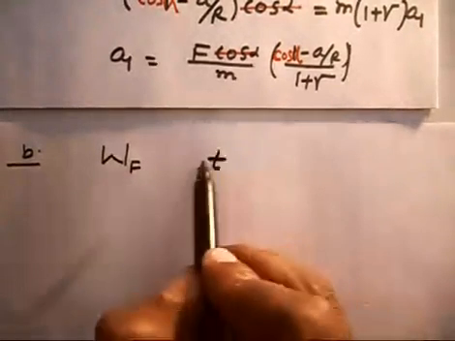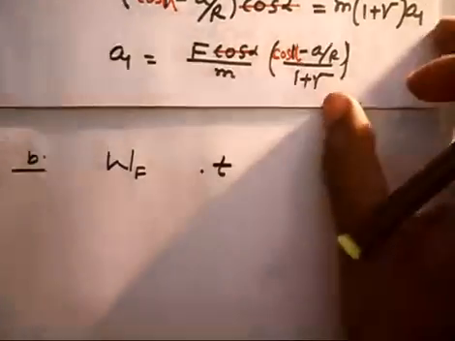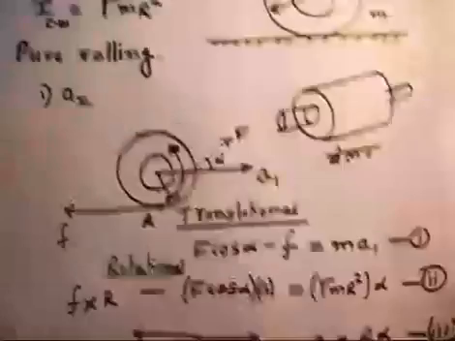So after t seconds, if I can find the distance traveled by the projection of the point of application of the force, you see, the point of application is here.